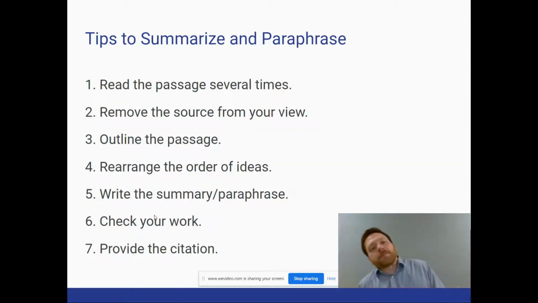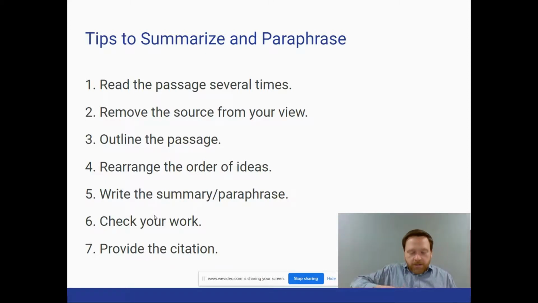So what are some tips for the summary and the paraphrase, to make sure they are not too much like the original? Because again, that's one of the ways you can plagiarize. So I really recommend in these 7 steps, all they're really saying is don't look at the source while you write the summary, or don't look at the source while you write the paraphrase.